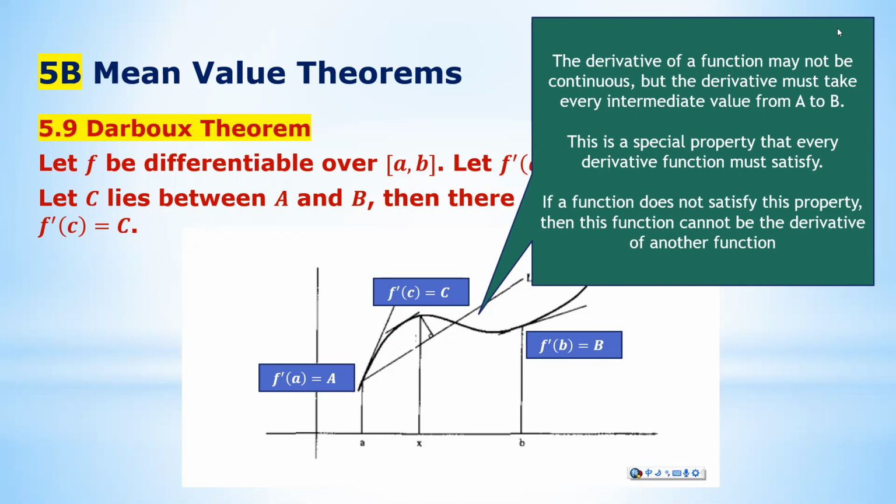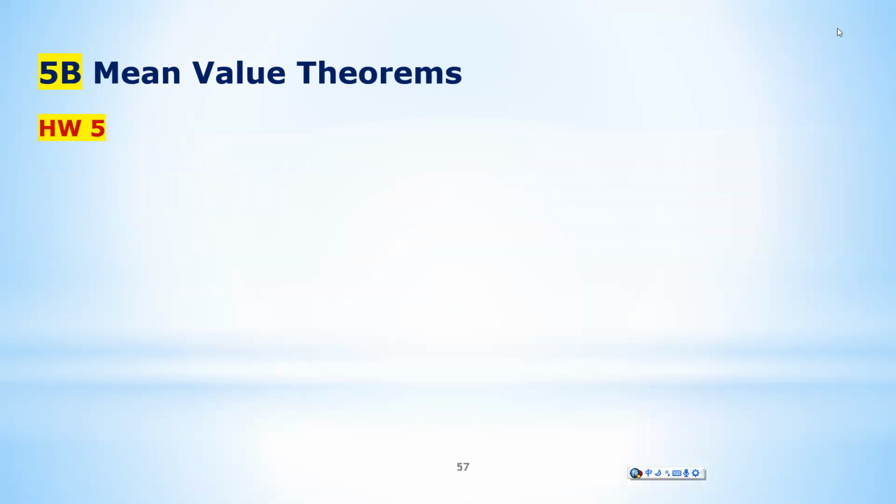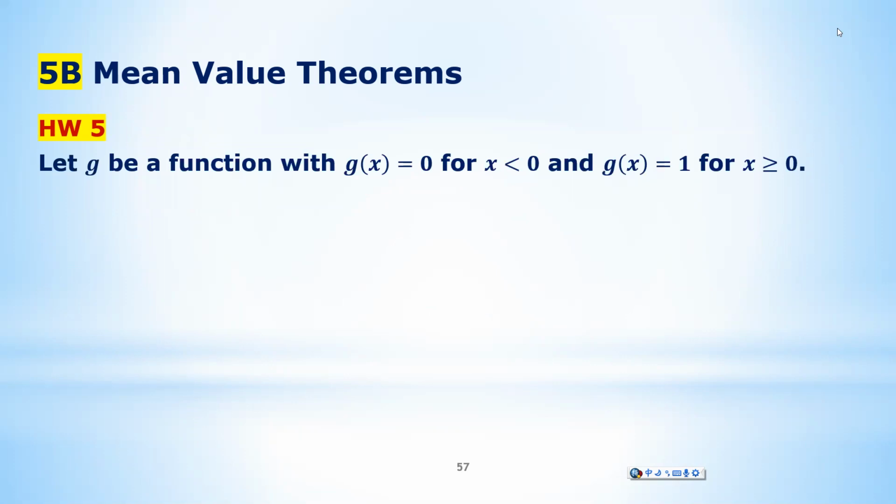Okay. The next thing, or the last thing we want to talk about is the... Before we talk about the last thing, we talk about homework number 5. Homework number 5, I'm going to work this homework with you. Okay. And this homework says that I have a G function, with G(x) equals 0 when x is less than 0, and G(x) equals 1 when x is greater than 0.